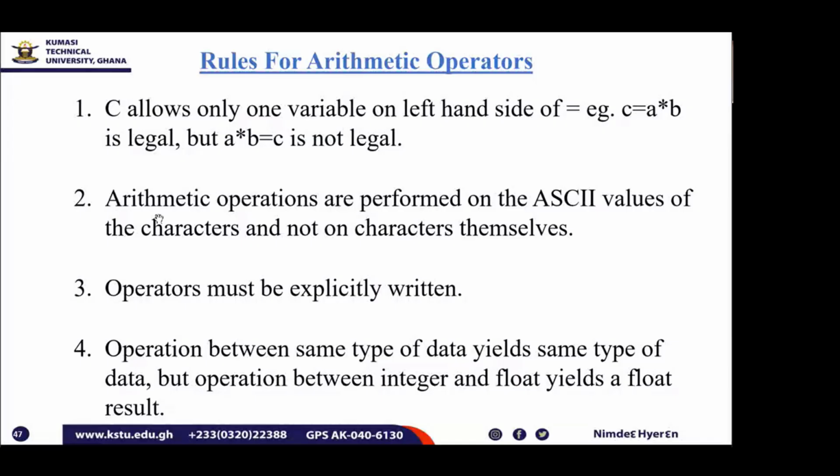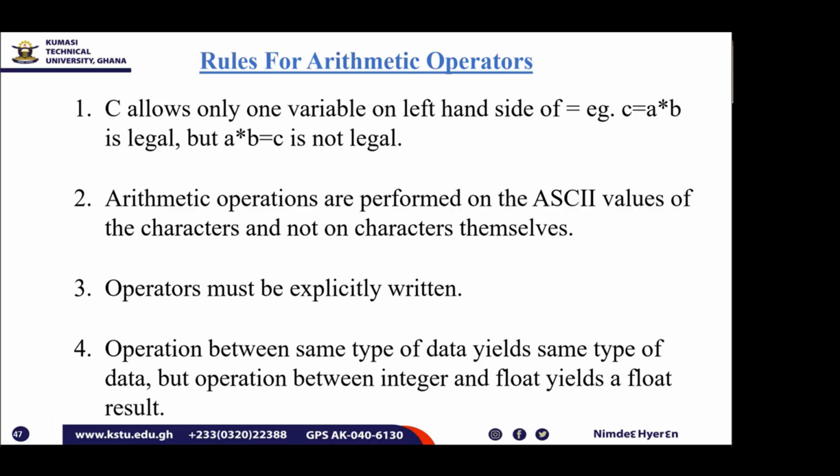Operation between the same type of data yields the same type of data. But an operation between an integer and a float will yield a float. So assuming I have A equals 4 and B equals 5, because these two are integers, A times B, which is 4 times 5, will give me 20.